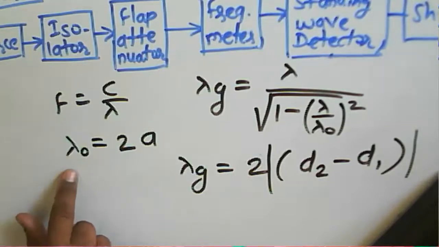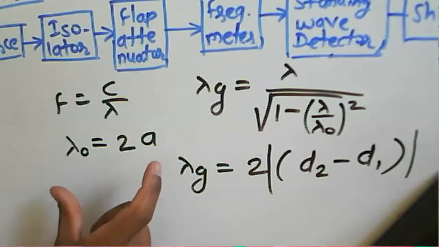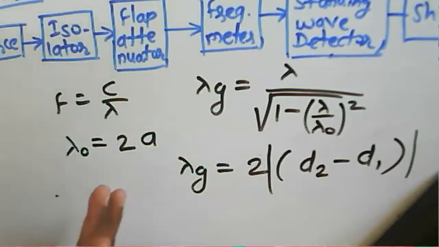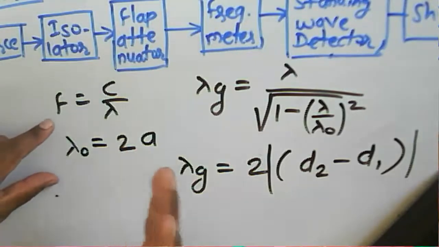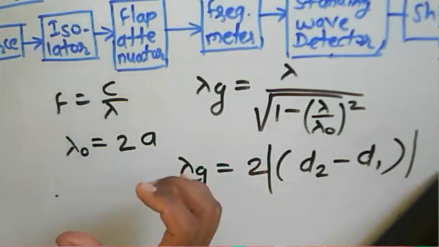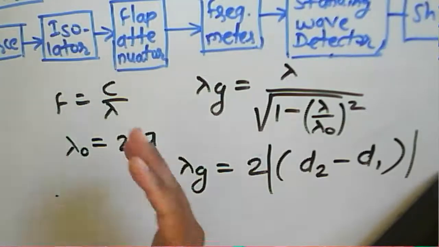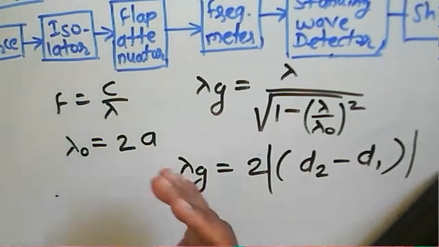When your signal is propagating through the guide, the mode of that signal is the dominant mode. Generally, any microwave bench in a practical laboratory uses the dominant mode of propagation.